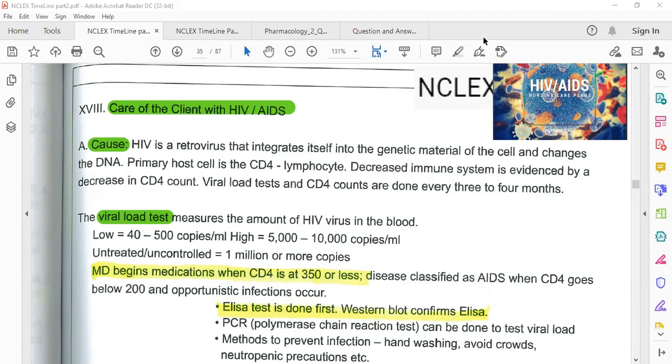Before we go further, I want to tell you what HIV is. HIV stands for Human Immunodeficiency Virus.